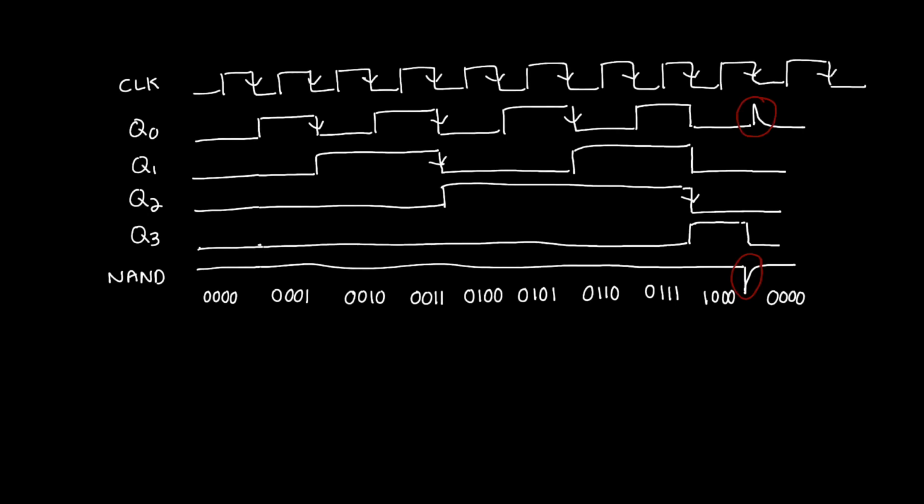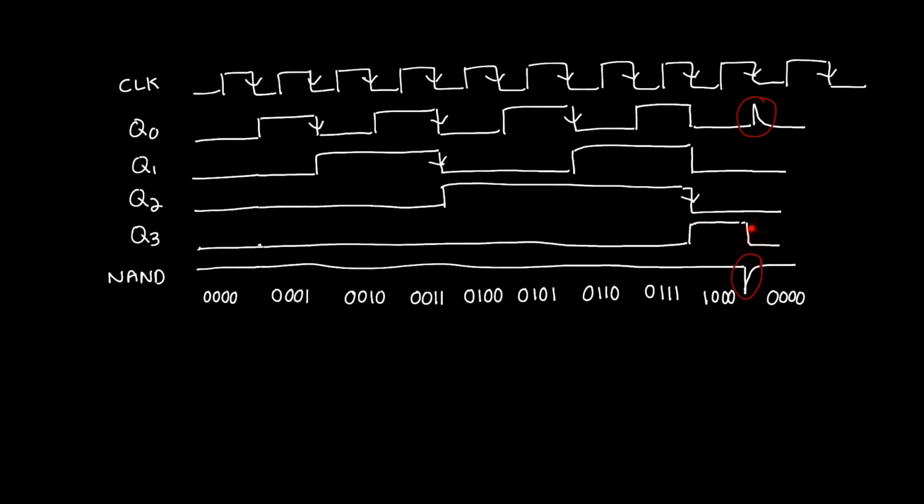So what do we have? I think we can agree that the frequency of Q0 is still half the frequency of the clock. And the frequency of Q1, we can say, is also still half the frequency of Q0. And Q2, I think we can pretty much agree that it's also half the frequency of Q1. But look what happens over here to Q3.